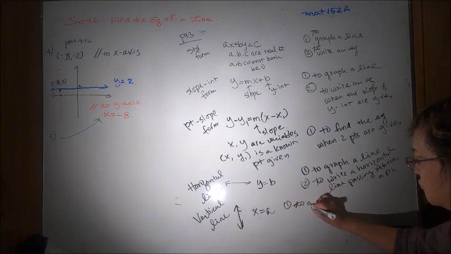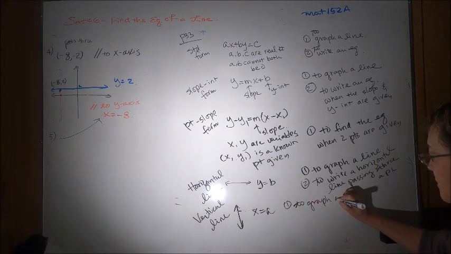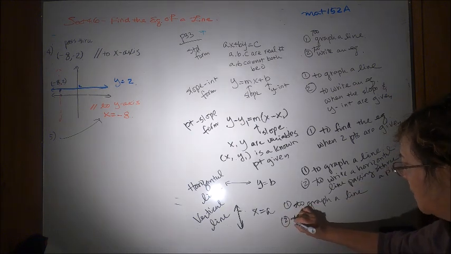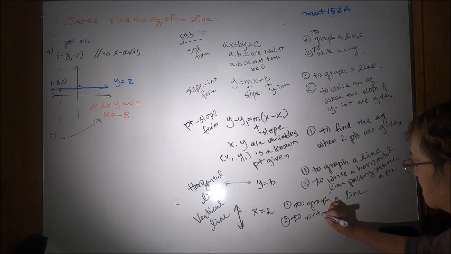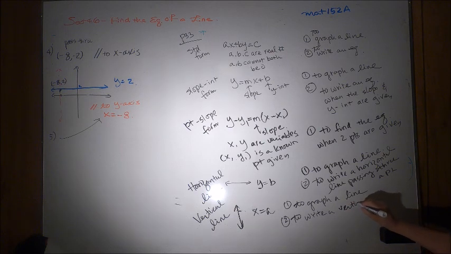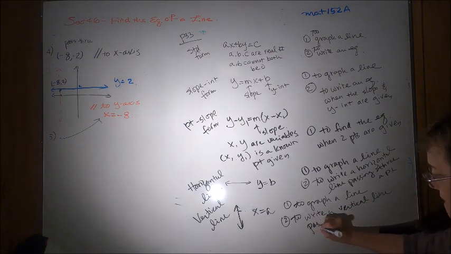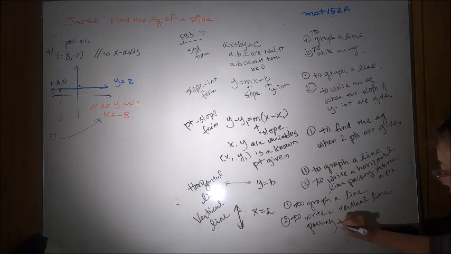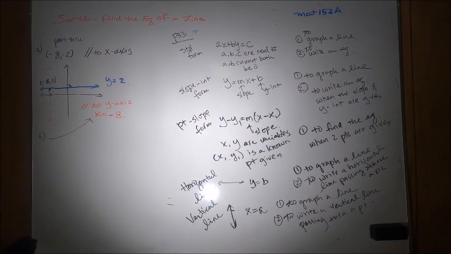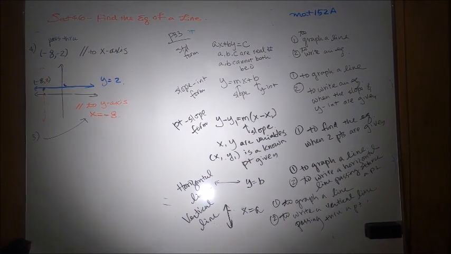We can graph a vertical line with that, or we can write the equation of a vertical line passing through a point, right? Did we just do that?